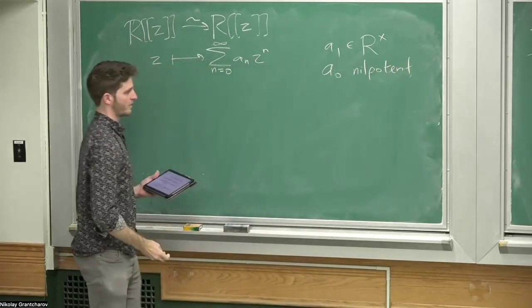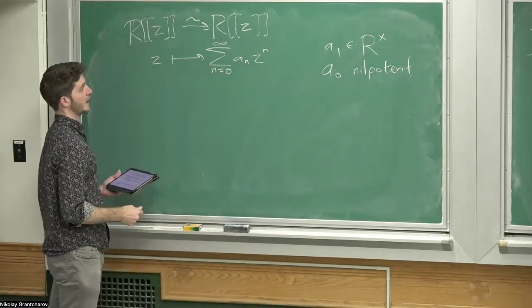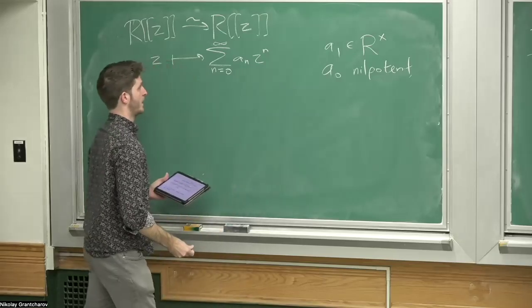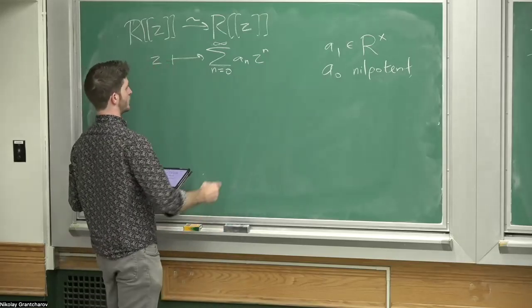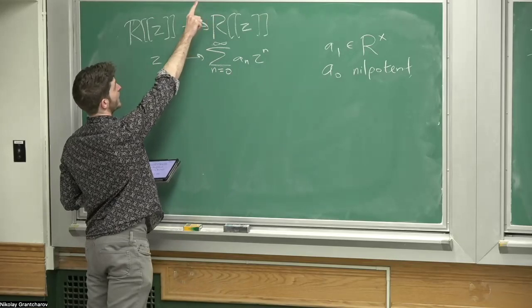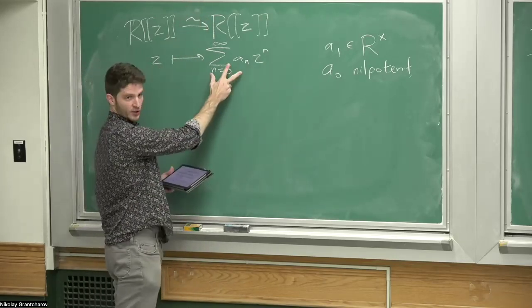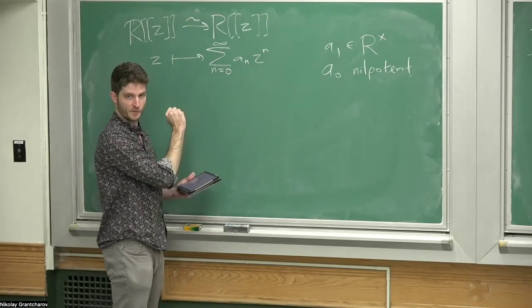If you only consider the underlying reduced thing, you won't see this phenomenon. So I can identify points of this automorphism group with certain power series of this form, and the group law will be given by composition.